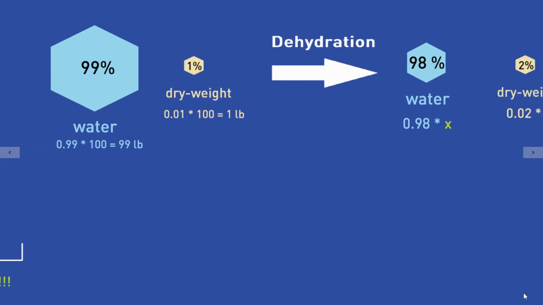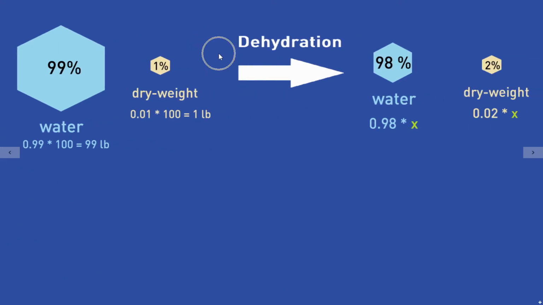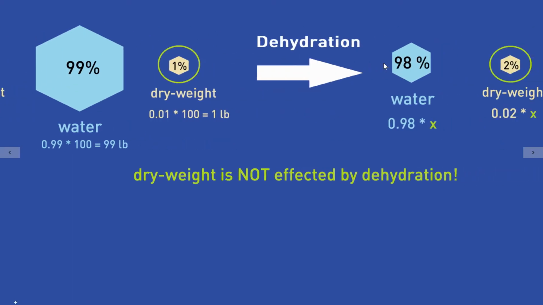You can also see in this picture here that the dehydration process only changes the water amount of the potatoes. So only water gets lost. That's why it's called dehydration, which means dehydration only has an effect on the water part.